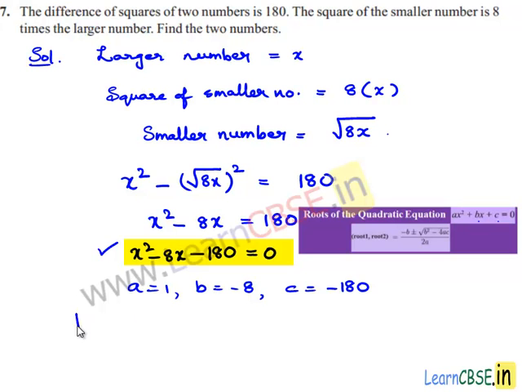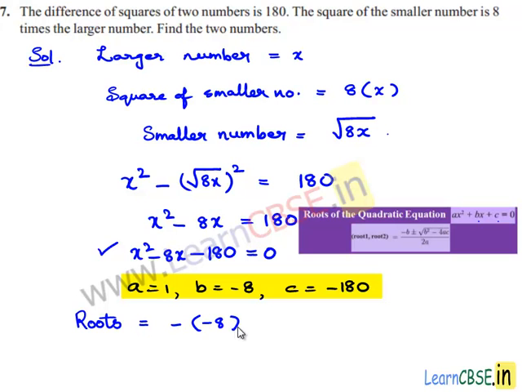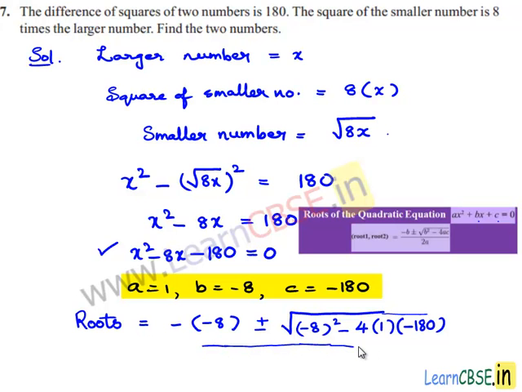So the roots of the equation become minus b, which is minus of minus 8, plus or minus square root of b square, which is (minus 8) square, minus 4ac, 4 times a, which is 1, and c, which is minus 180, divided by 2 times a, which is 2 times 1.